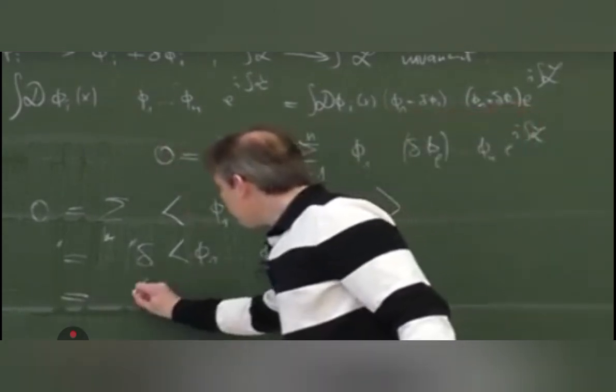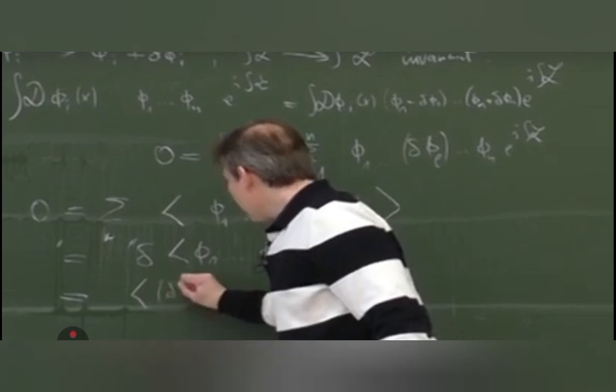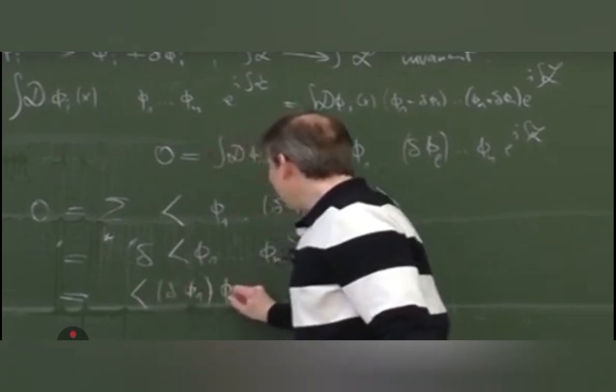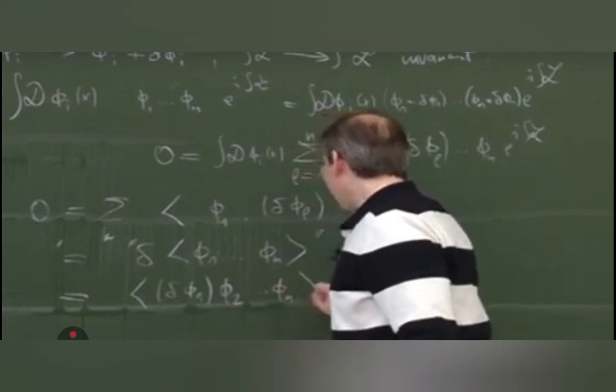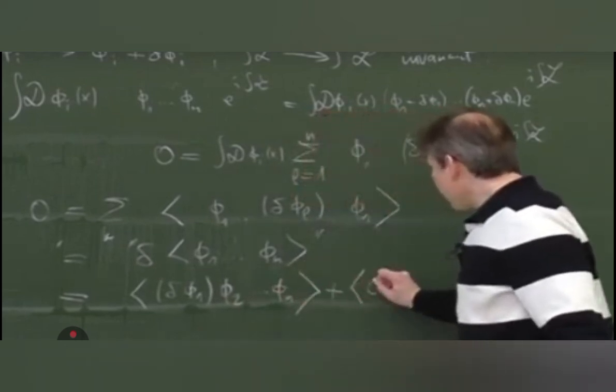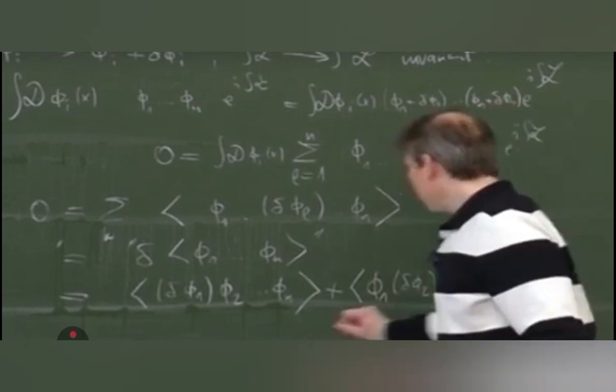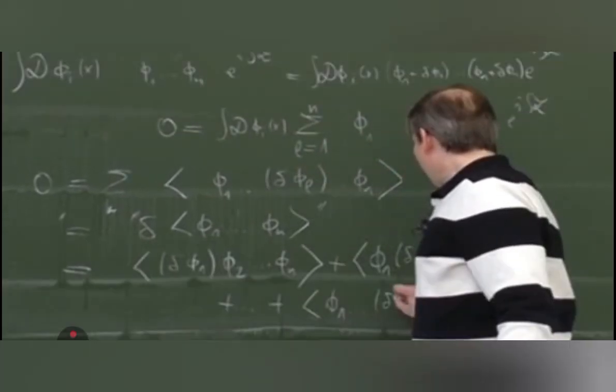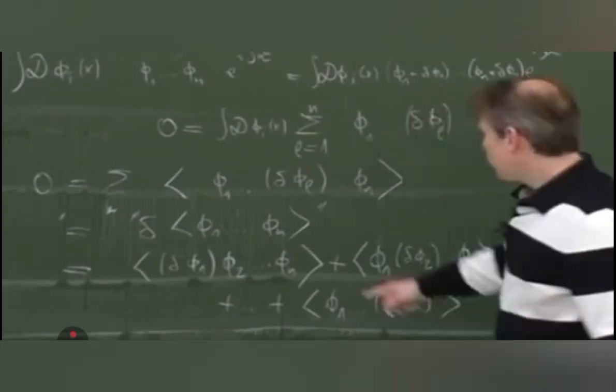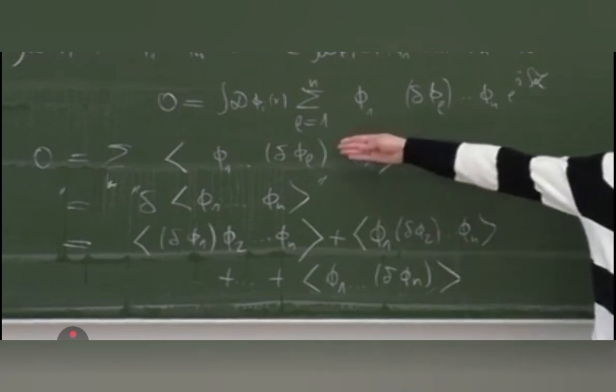What it really means is the following sum. Namely, first you have this Green function delta phi_1 times phi_2 up to phi_n, plus phi_1 times delta phi_2 and so on times phi_n, plus and so on up to plus phi_1 and so on times delta phi_n. So it's this sum of Green functions that we are looking at. Okay, so this is the explicit form. That is the shorthand notation, and that is maybe a short, compact way to write this.